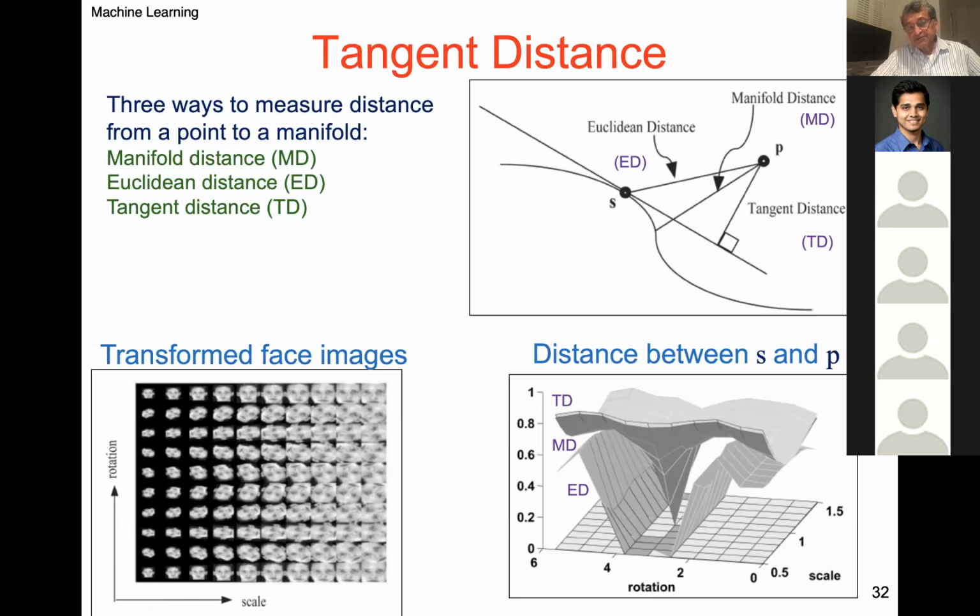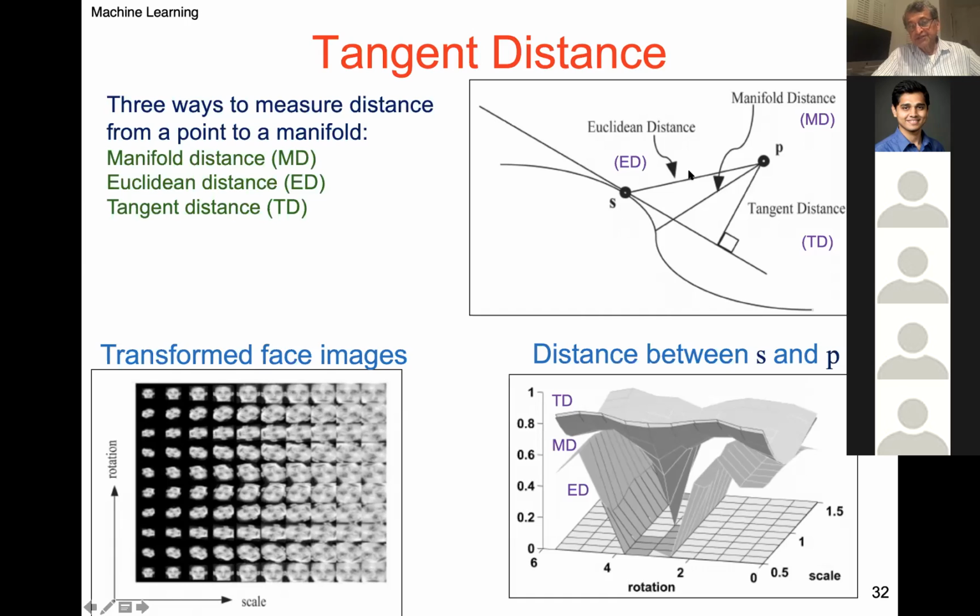So these tangent approaches say, let's say we were using a very simple classifier which simply says, here's an input P, and we want to find the distance to the point S of that person's face, as opposed to the distance to some other person's manifold. Every face you can think of as a different manifold. And for any input, we can say whose face is it similar to?